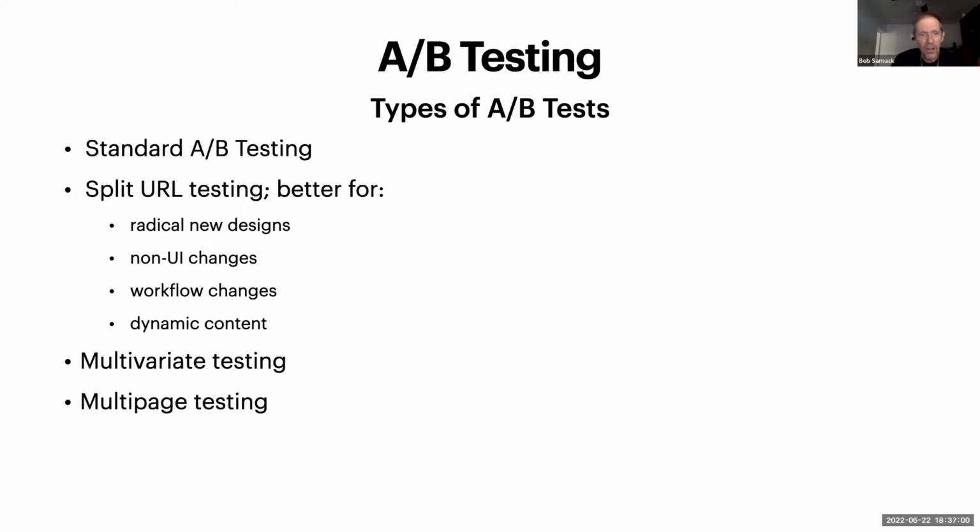So there is also multi-page testing. This is a form of experimentation where we can test changes to particular elements across multiple pages. There's funnel multi-page testing, which takes all the pages of our sales funnel, for instance, and creates new versions of each, which makes our challenger the same sales funnel, and then we test it against the control.